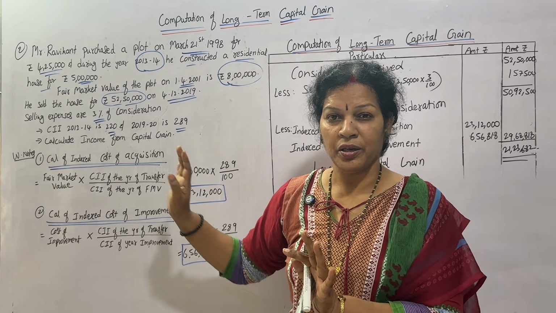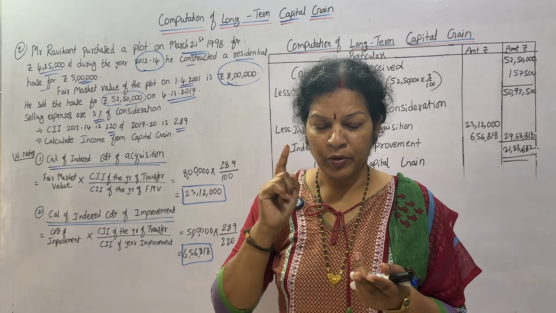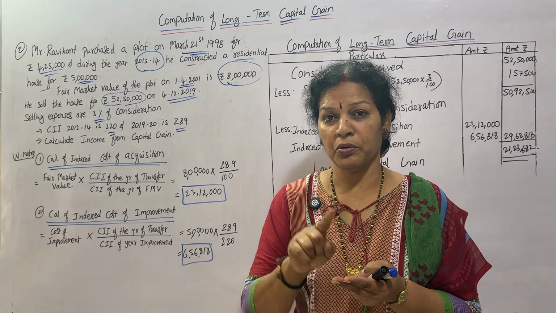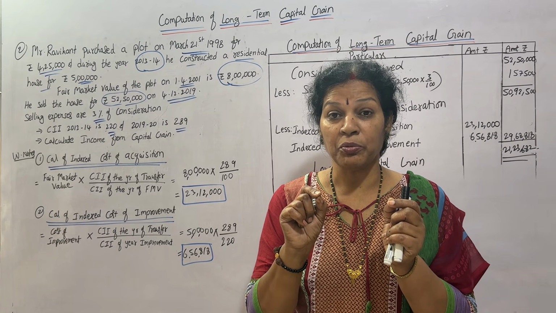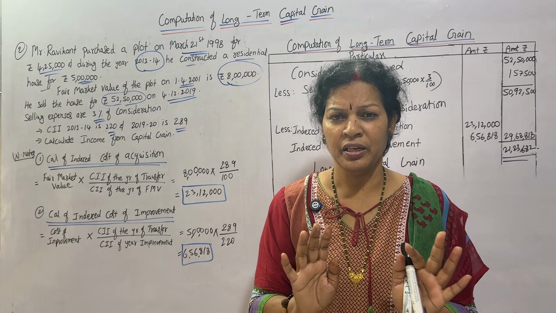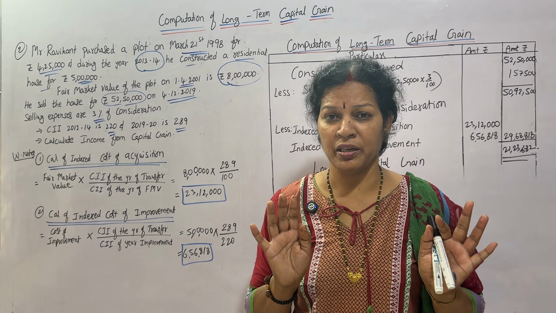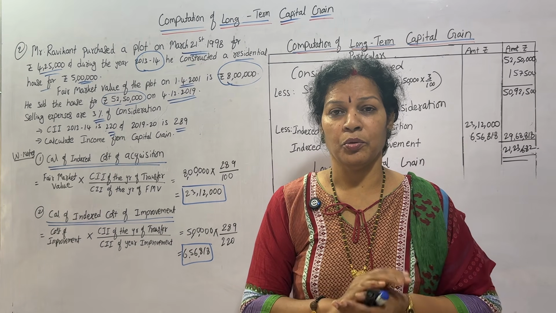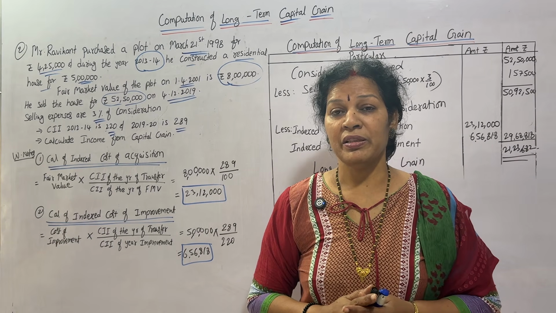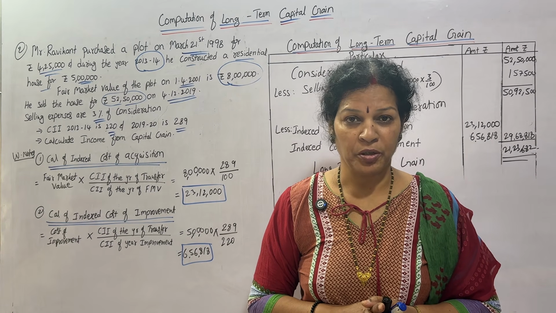You need not memorize anything; you only have to remember 2001-2002 was the base CII, 100. Everything else in the problem is given. Am I clear? So try to understand, take out your textbook, and work out more problems. We'll see the next class with an exemption problem.